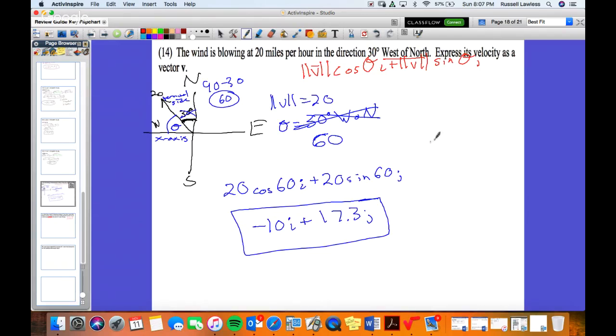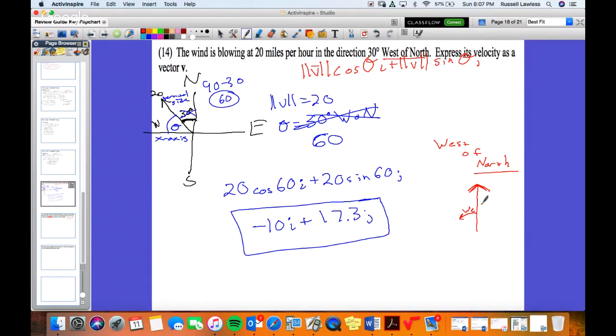So what it means to be west of north is that north is the main direction that you're going. West is where you're turning toward. So I'm going north mainly and then west. And so that's where that angle is coming from.